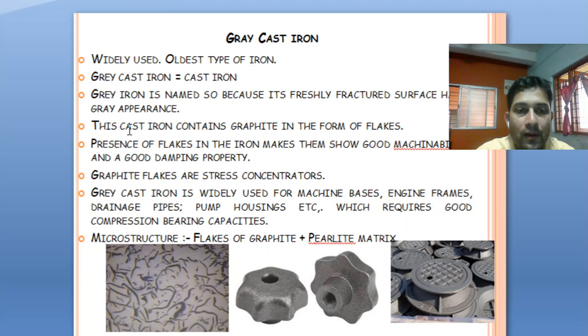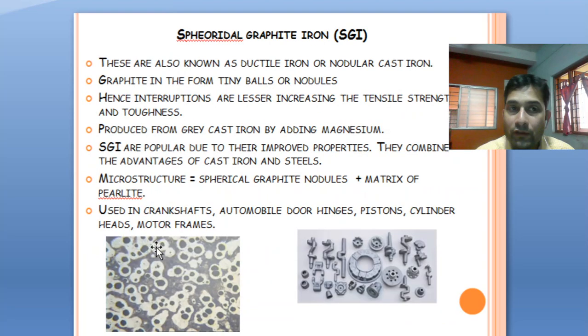This is the reason why this type of cast iron shows good tensile properties as compared to the previous one, that is the gray cast iron. In gray cast iron, the carbon is present in the form of flakes, which in fact reduces its tensile strength. In the case of spherical graphite iron, since the carbon is present in the form of nodules, its tensile strength increases.